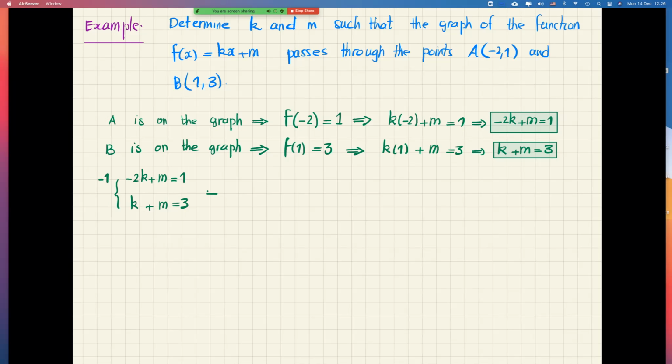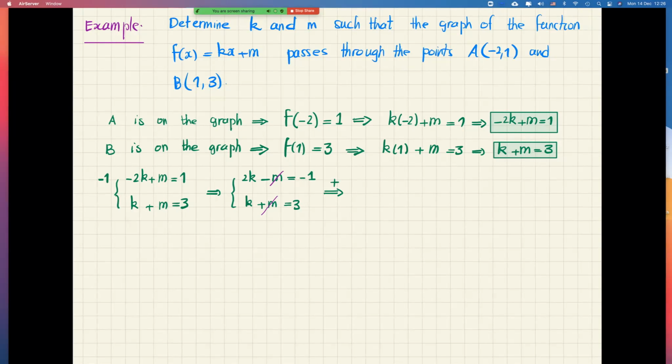So then what happens? The above one becomes 2k positive. Positive m becomes negative m. On the right-hand side, it becomes -1. The second one, I just copy and paste. And then I add them side by side. When I add them, this positive m and this negative m are canceled.